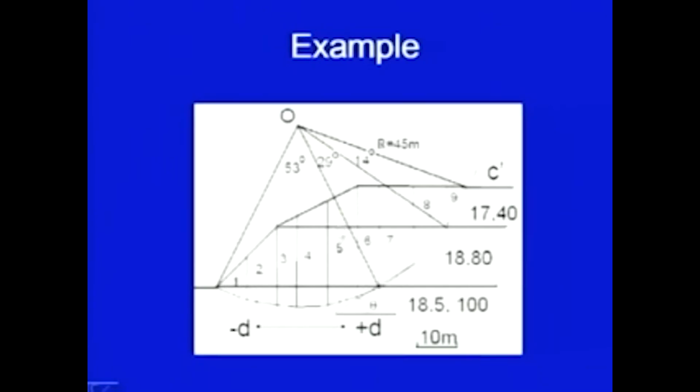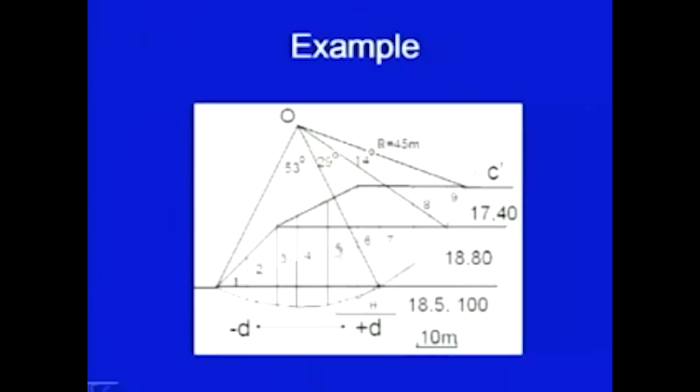Similarly, for example, the weight of slice number 5. Here you have to find out this area. You find ordinate number 1 and ordinate number 2 and take their average. So, O1, O2, that is, ordinate 1 plus ordinate 2 divided by 2, into this distance. This gives you area A1.